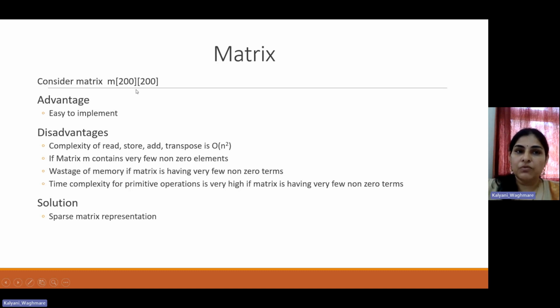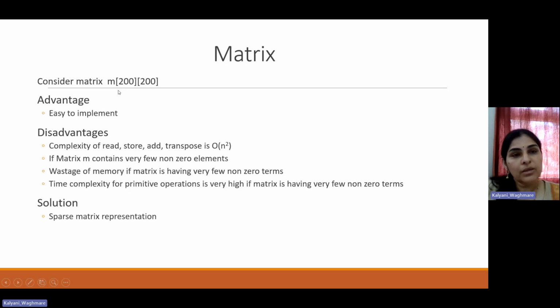If we consider the disadvantages, one is complexity. Even though I have created a matrix of 200 by 200, for all the operations its complexity comes as order of n square. Again, there is a wastage of memory. I have created a matrix of 200 by 200 size, and maximum it will store that many elements. But if I don't require that, there will be wastage of memory.